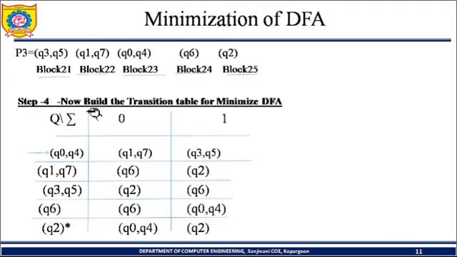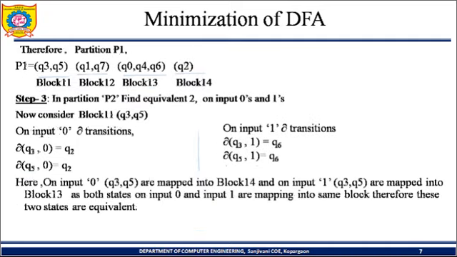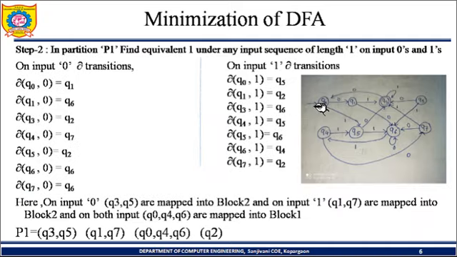So now we'll draw the transition table with the help of the states. So here you can see Q1 2 3 4 5. Q0 is the initial state in the given transition diagram, and Q2 is the final state.